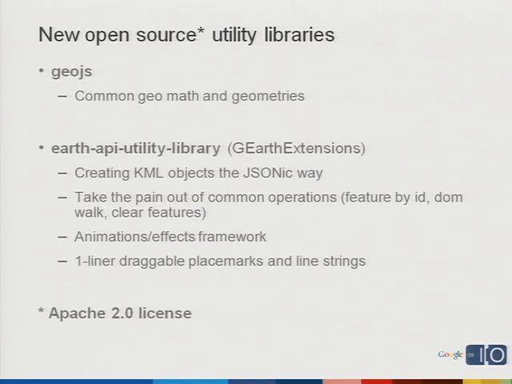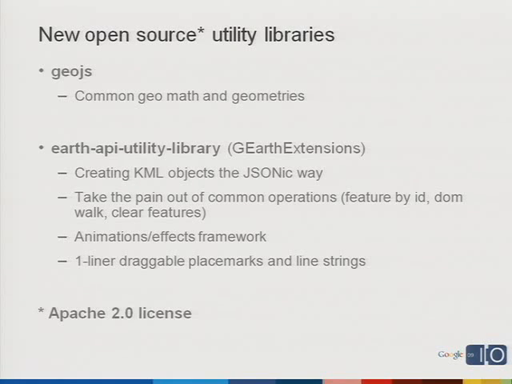So the open-source utility libraries. There are two libraries that we're releasing today. I'm going to talk mostly about the second one, but let me talk a little bit about GeoJS, which is the first one. GeoJS allows you to work with 3D geometries in JavaScript. So you can work with points, lines, and polygons.